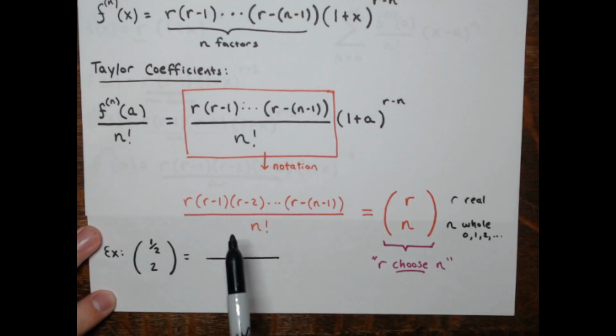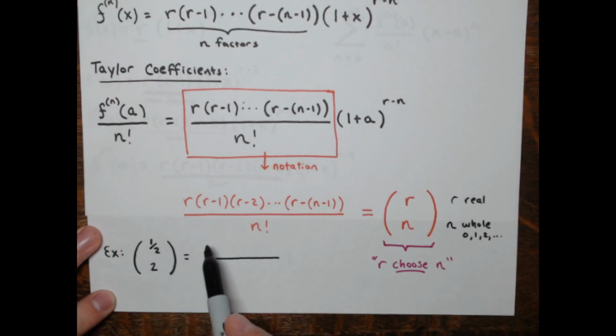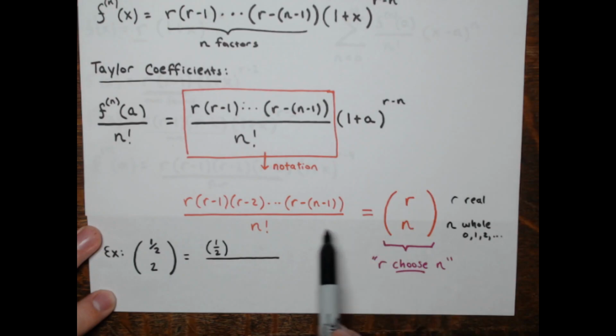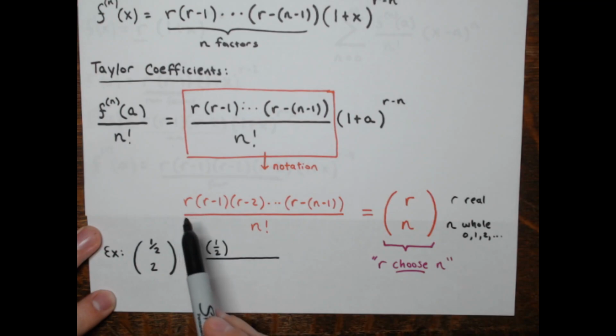In the numerator, you have a product starting with r, so starting with 1/2, and then there should be 2 factors. Whatever the whole number is, that's how many factors involving this r will be up top.